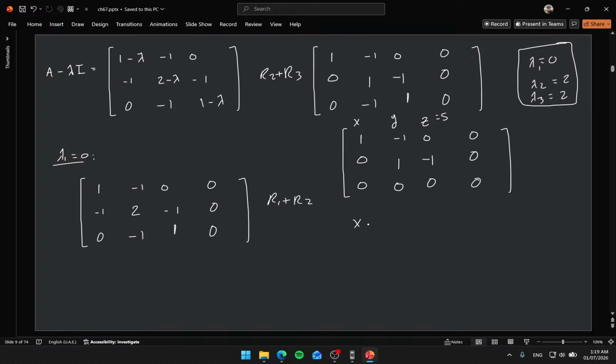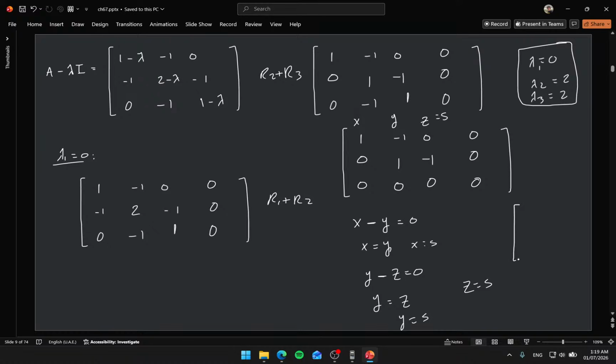So x minus y equals 0, which means x equals y, and y minus z equals 0, so y equals z. And z is s. So y is s, and x is s, because y is s.